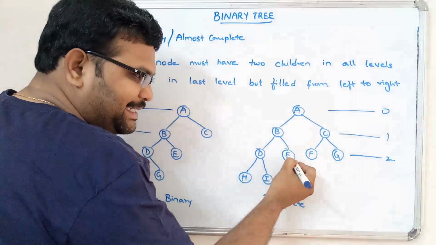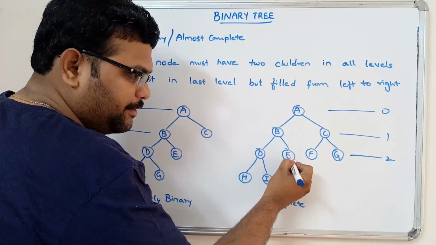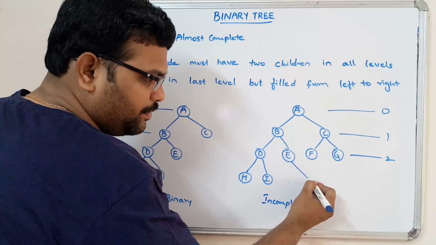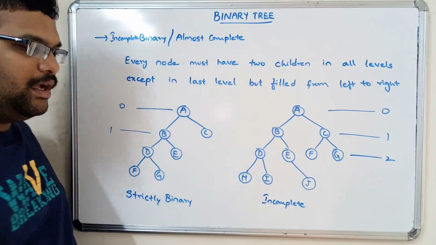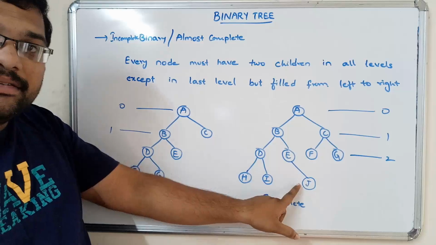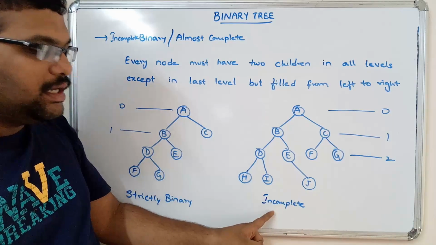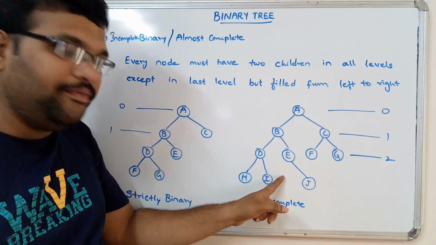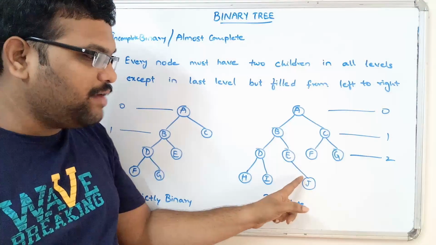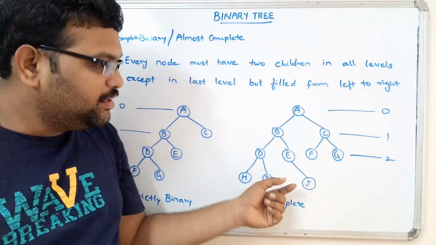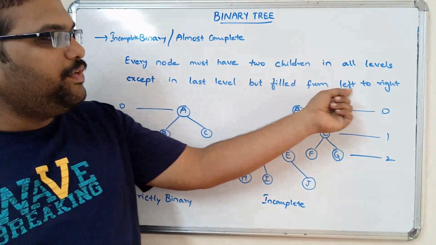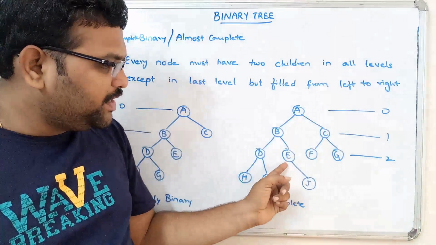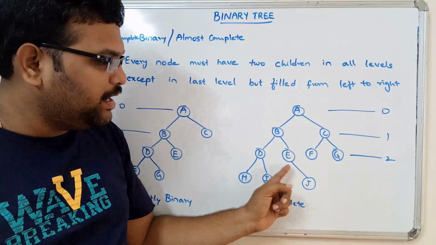Here see, if the tree is like this, it is not incomplete, because we do not have the left child for node E, but we have the right child for E. It is filled from left to right, so first the left child should be written and only then the right child.